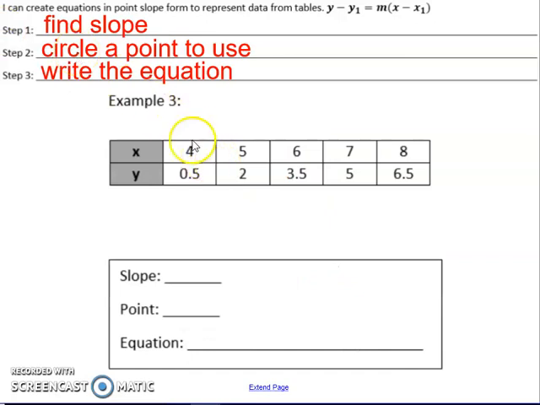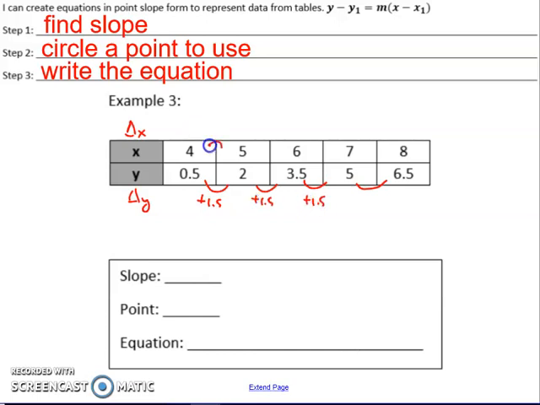All right, one more time. Here we go. Find my slope. So I'm going to do change in y. Make sure you're doing change in y over change in x. Don't swap those. All right, so I'm looking for how is y changing. All right, so this is plus 1.5, right? 2 plus 1.5 is 3.5. 3.5 plus 1.5.